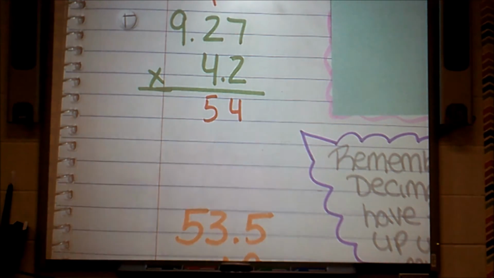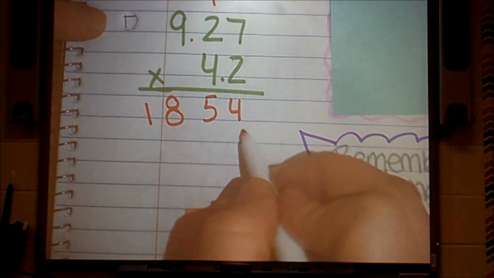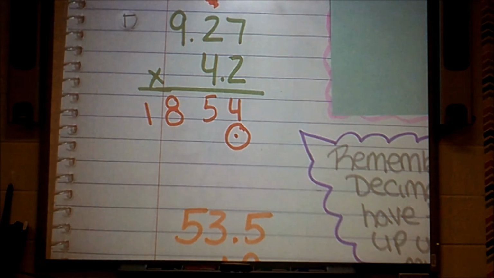9 times 2 is 18. Magic 0. Cross out that 1 so I know that I used it.